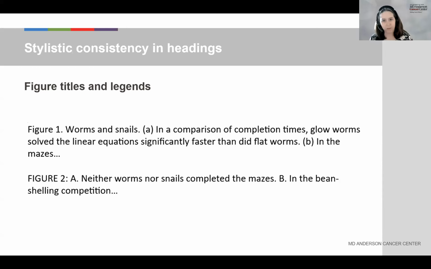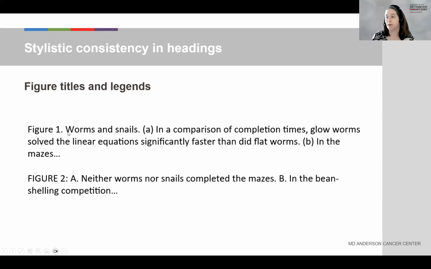And I'll add to this as well. If you have those long, sentence-long subheadings within your results section, and you have a lot of complicated figures, what I often see and what makes it very easy to follow as a reader is there will be consistency between those sentence-long subheadings within the results and the title on the figure.